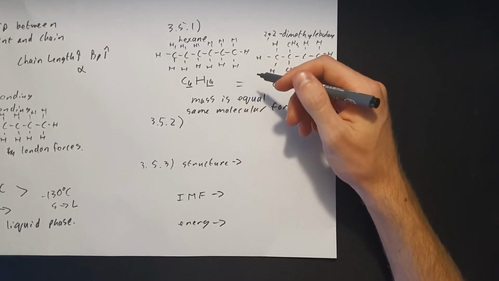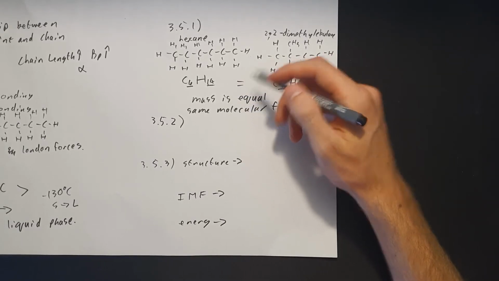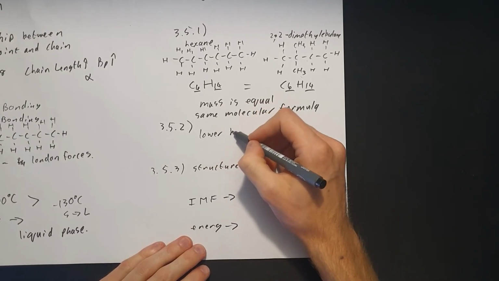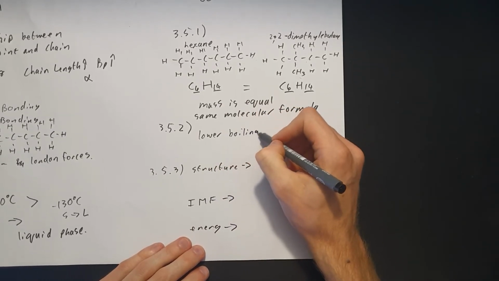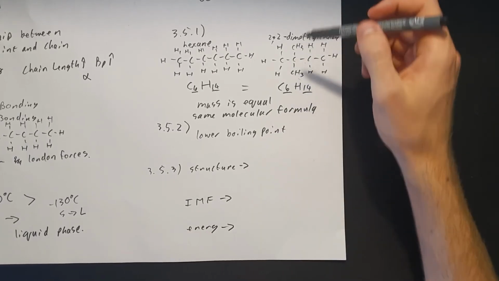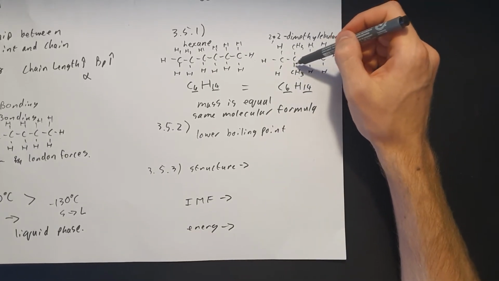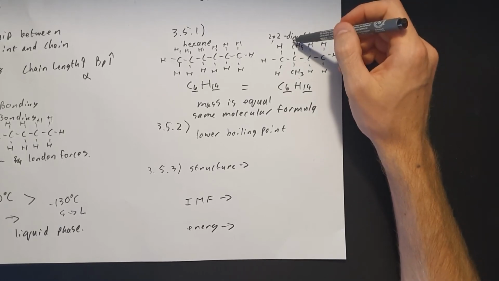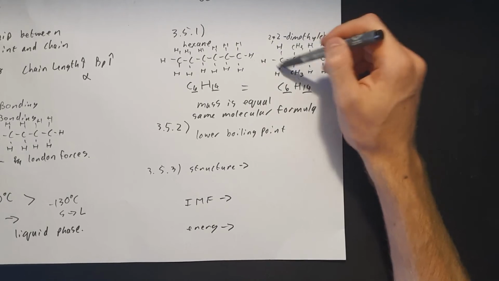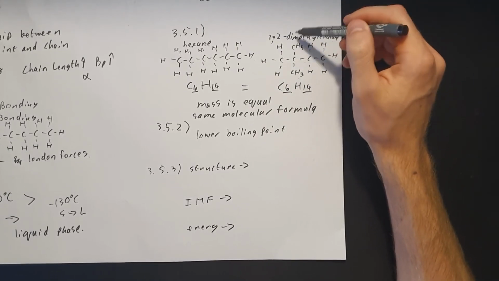So in this case, it's going to be lower than. So it will have a lower boiling point. You should pick up immediately because its longest chain length is only 4 carbons, whereas hexane is 6 carbons. So the chain length has decreased, plus we've got 2 side chains there.